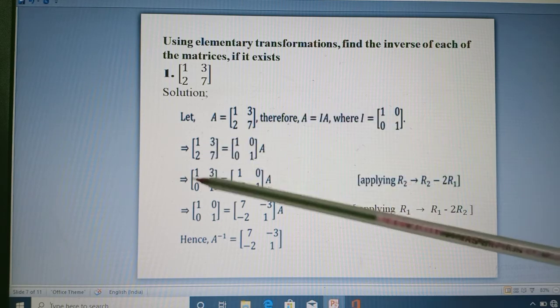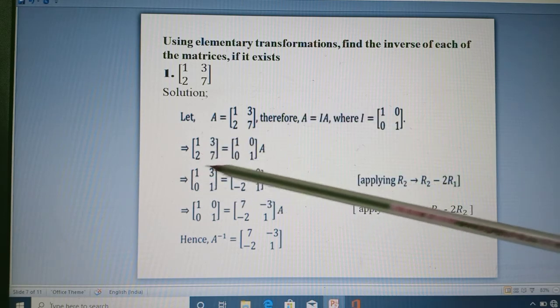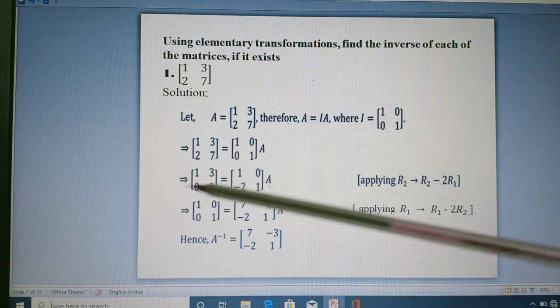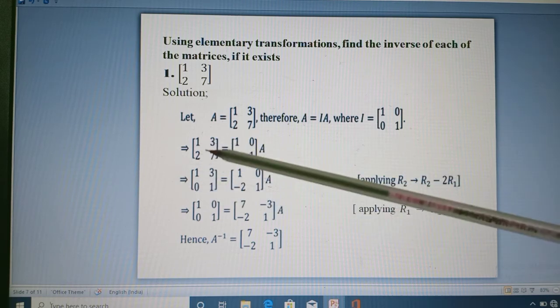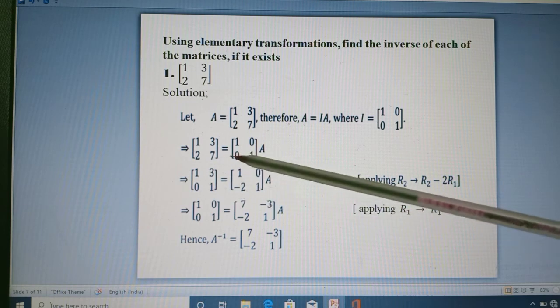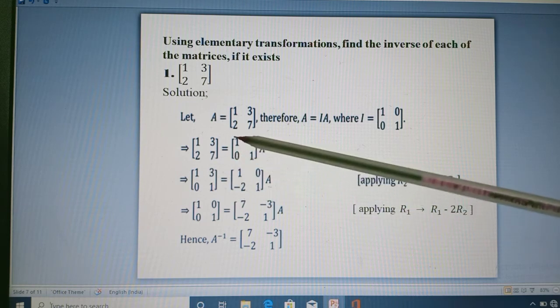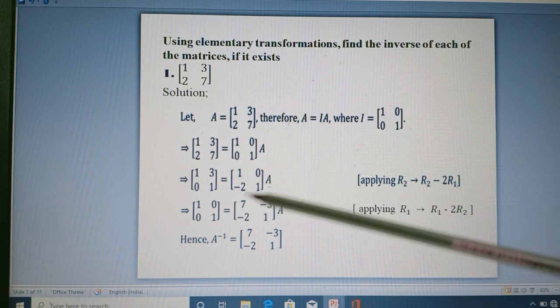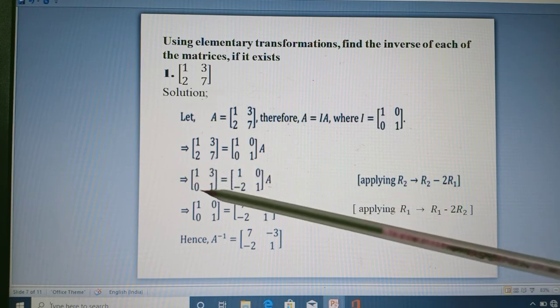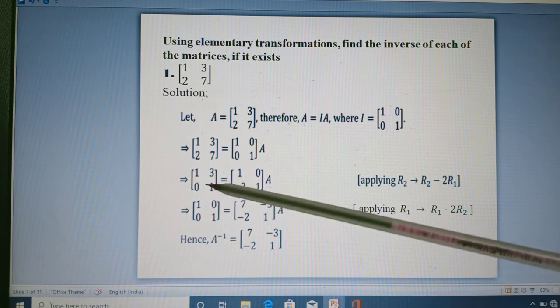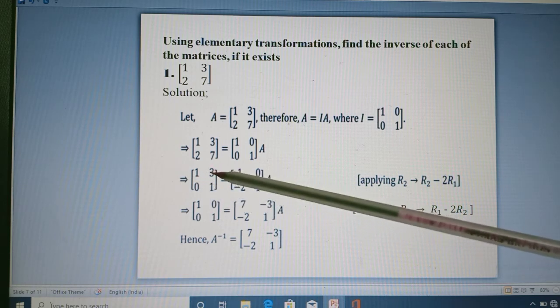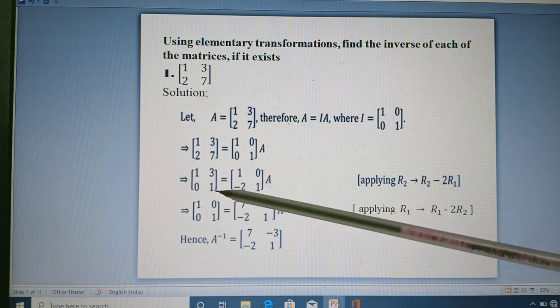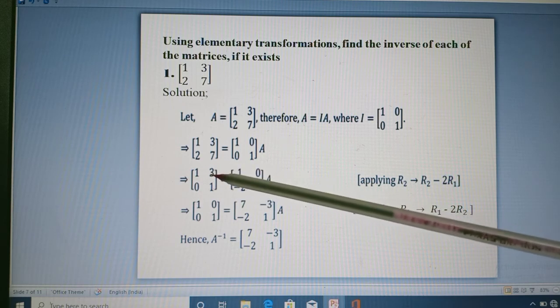R1 is not going to change, R2 is going to change. So 2 minus 2 is 0, 7 minus 6 is 1. Similarly here, 0 minus 2 is minus 2, 1 minus 0 is 1. Similarly, in this matrix we have to change this 3. If you do 3 minus 3, then we will get this entry 0.